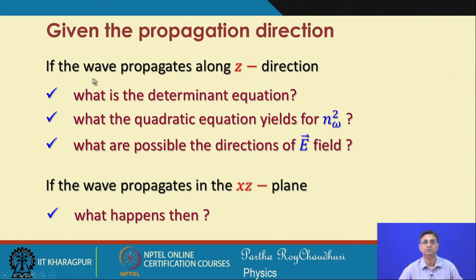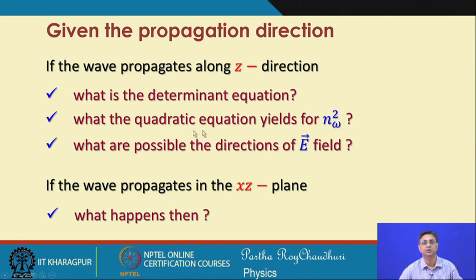Now we will consider the propagation of the wave along the z direction. Given the direction of propagation along the z direction, we will see how this determinant equation simplifies by plugging in the values of k x, k y and k z.